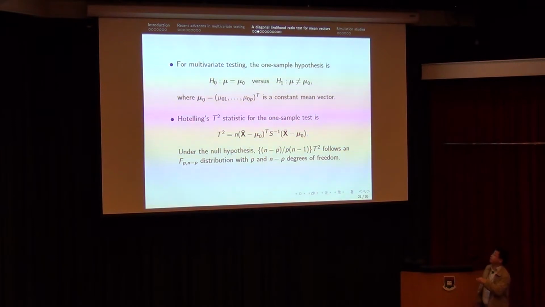Based on the Hotelling one-sample test, we have this situation. The previous diagonal Hotelling test assumes a diagonal covariance matrix and simply plugs it in, and in that way it turns out to be simply a summation of the gene-level test statistics.